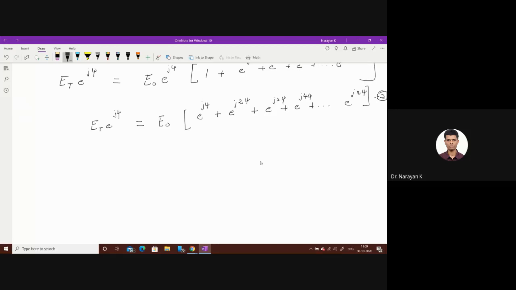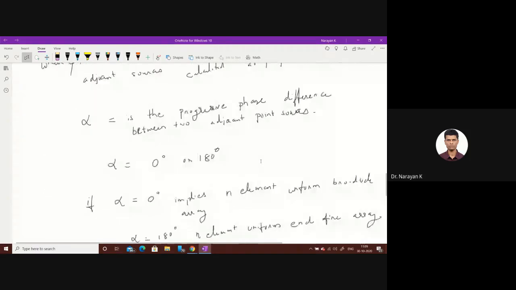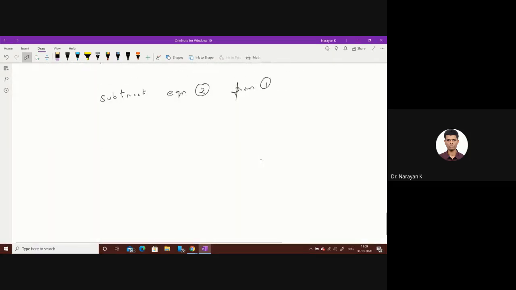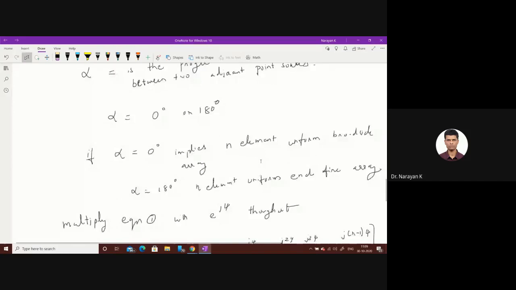Okay. Write down the next one. Subtract equation 2 from equation 1. So equation 1 minus equation 2. Now, if you subtract 1 minus 2, what will happen?